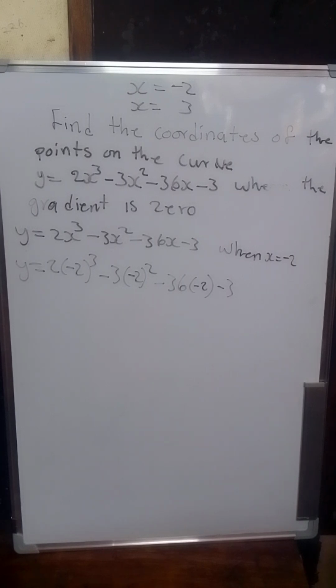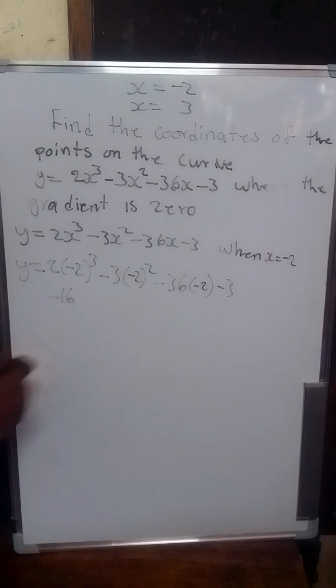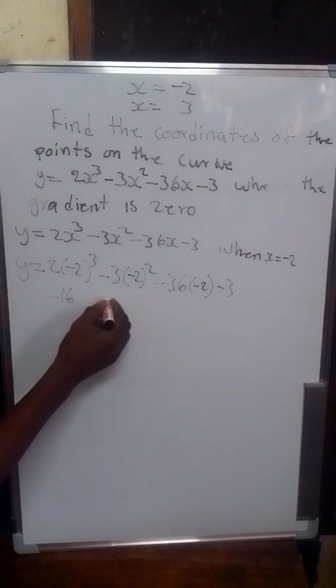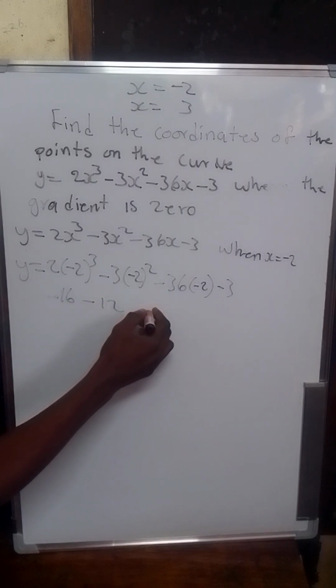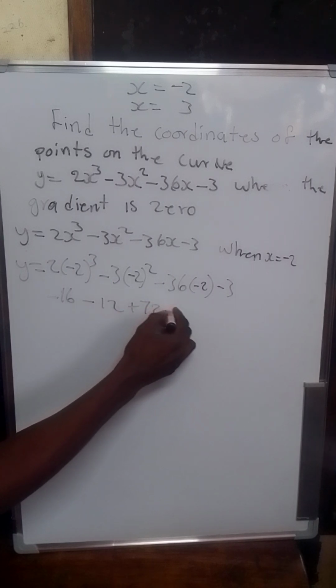For this one, (-2) cubed is negative 8, and negative 8 multiplied by 2 is negative 16. And this is minus 12, and this is positive 72, minus 3.